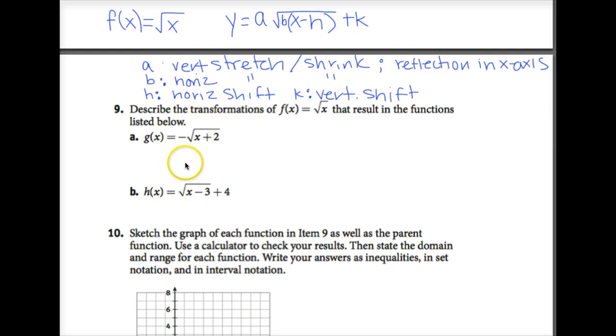So go ahead and write down the transformations in number 9 that are present in each of those equations. So I'll give you a minute here. Go ahead and do that.